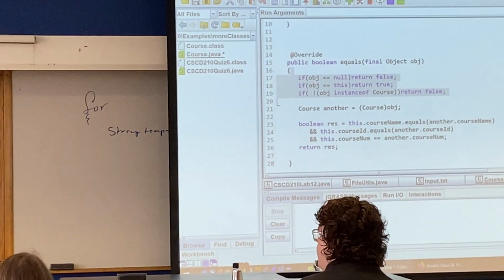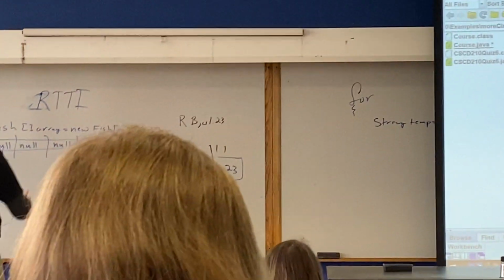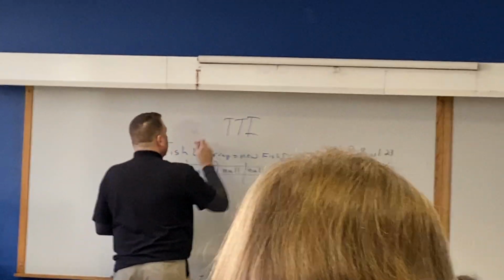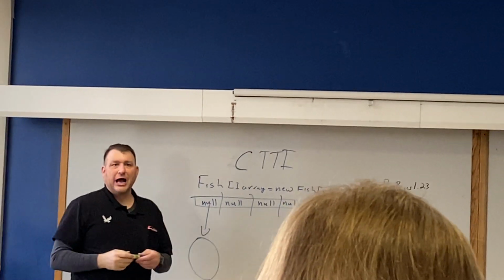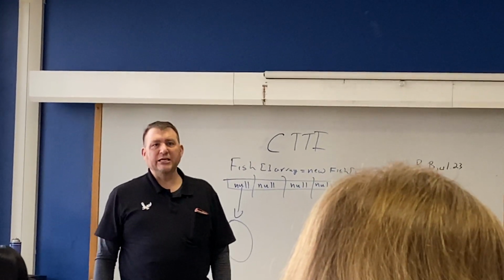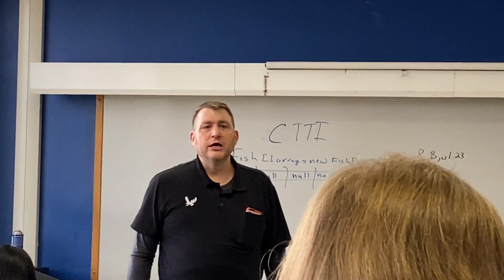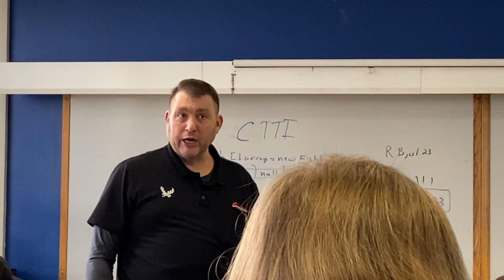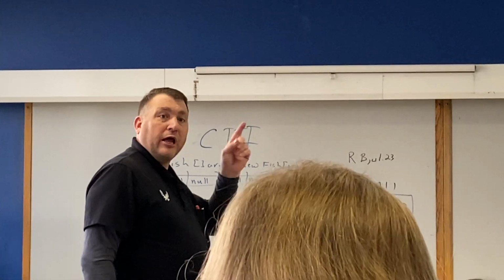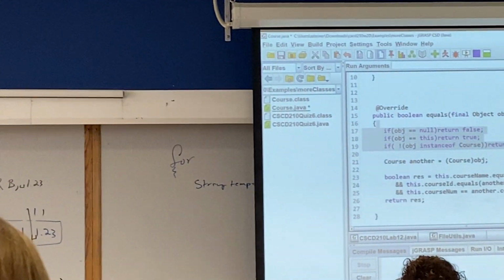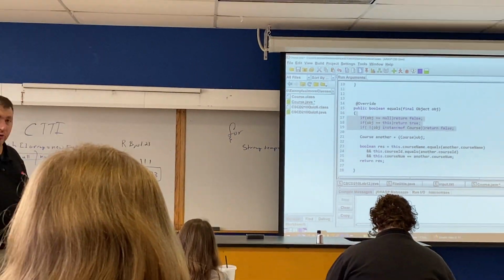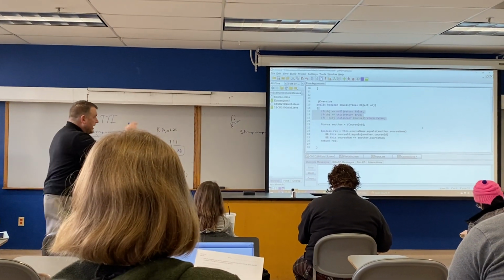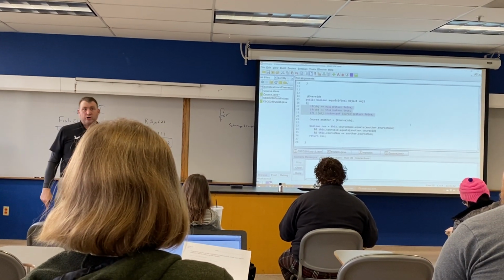Because what we can do is say, hey, instead of doing RTTI, let's do CTTI. What's different? C stands for compile time type identification. The compiler is going to say, sorry, that's not a course. So the compiler can do the checking for us, and we never have to do line 19 in our code.